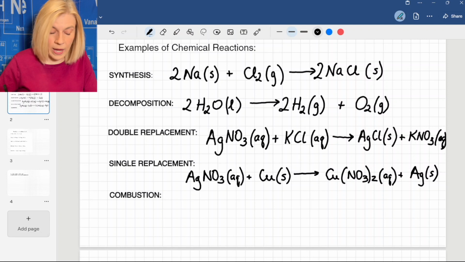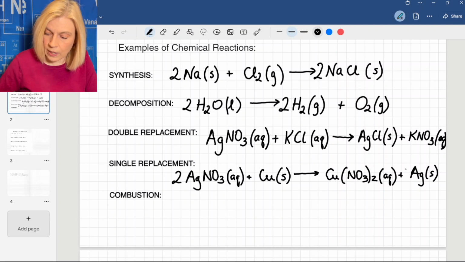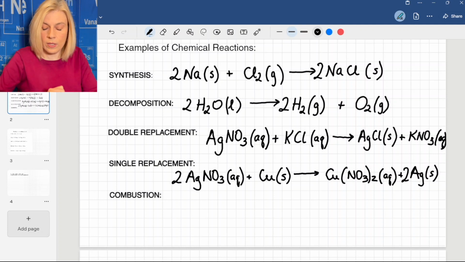And I do have to balance this reaction. So I need to have 2 in front here, because I have 2 nitrates, and now I have to have 2 silvers, so it all balances out.